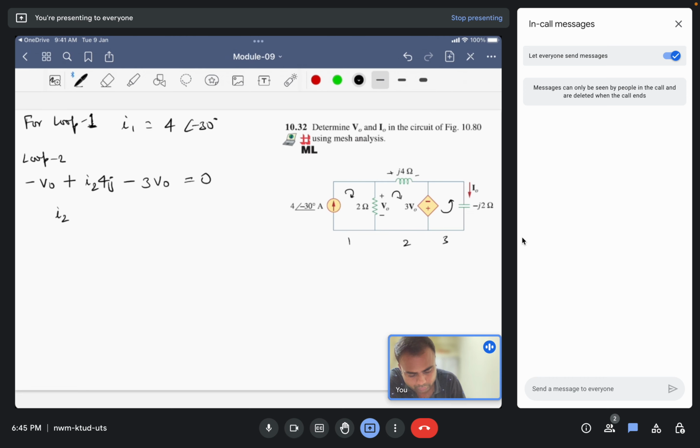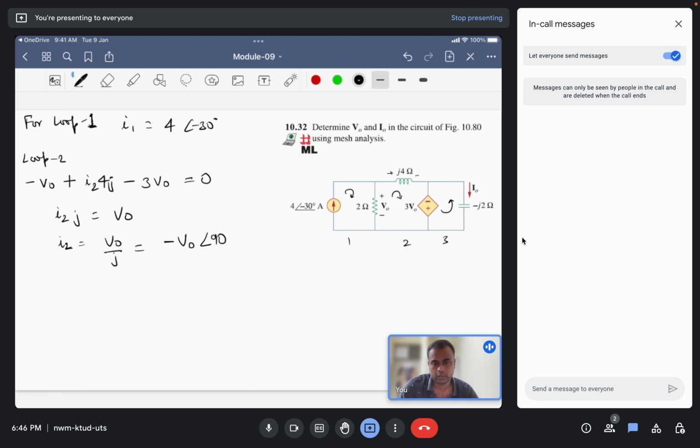So I2j is equal to V0. 4 will get cancelled. So I2 is equal to V0 by j, or minus V0 j, that is 90 degrees. So now we have I2 in terms of V0.